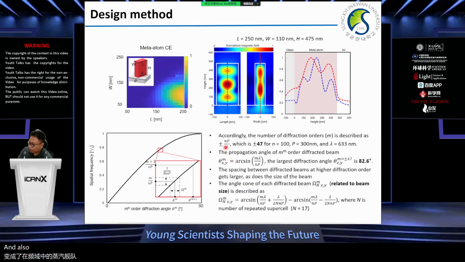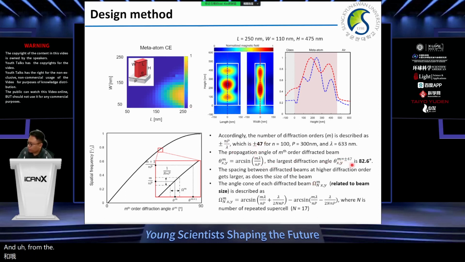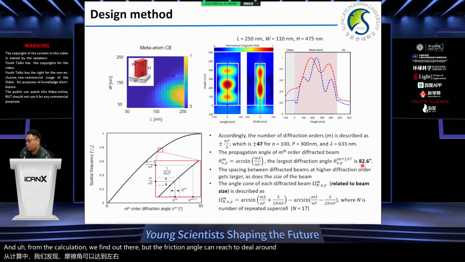And also by changing some parameters like periodicity and number of metasurfaces, we can induce many diffraction orders. Here, plus minus 47 orders of beams can be diffracted. And from the calculation, we found that the diffraction angle can reach around 82 degrees. So in total, a 160 degree area can be covered.